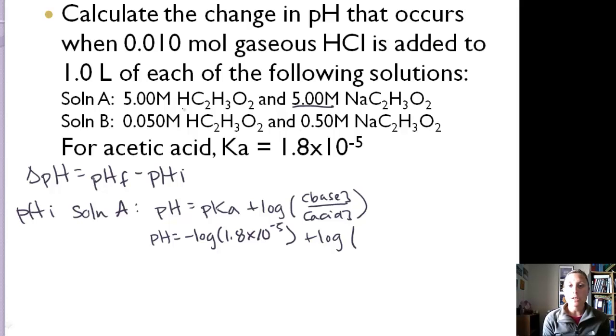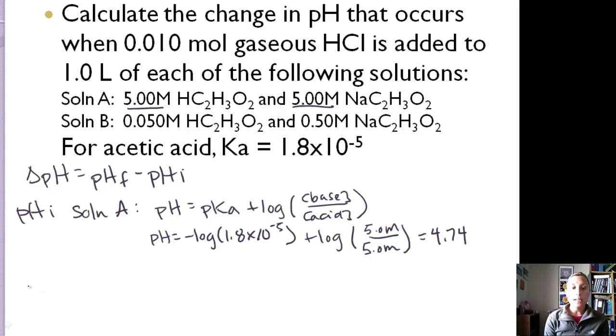They're both, for solution A, 5 molar, so that's 5 molar on top, divided by the concentration of the acid, which is also 5 molar. So 5 divided by 5 gives us 1, so that's log of 1, and so when we do that math, we get 4.74 for our pH.